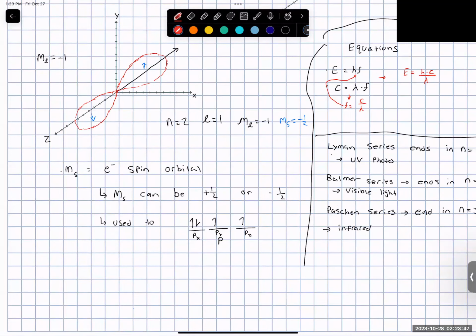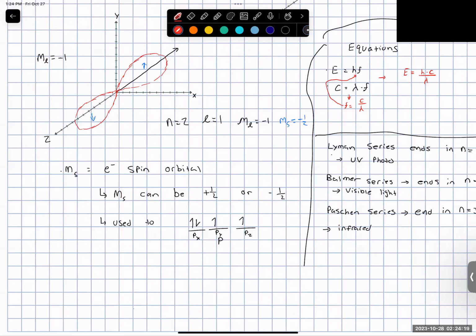The good thing about this is there are only 2 possible values, either 1/2 or -1/2, nothing in between. So if you see 4/8, is that a possible spin value? It translates to 1/2, but this is definitely not like math.